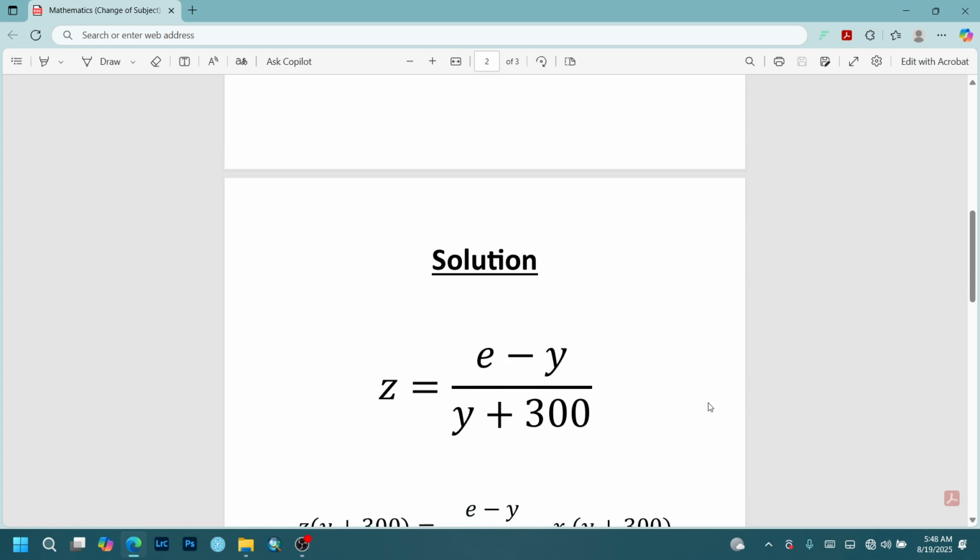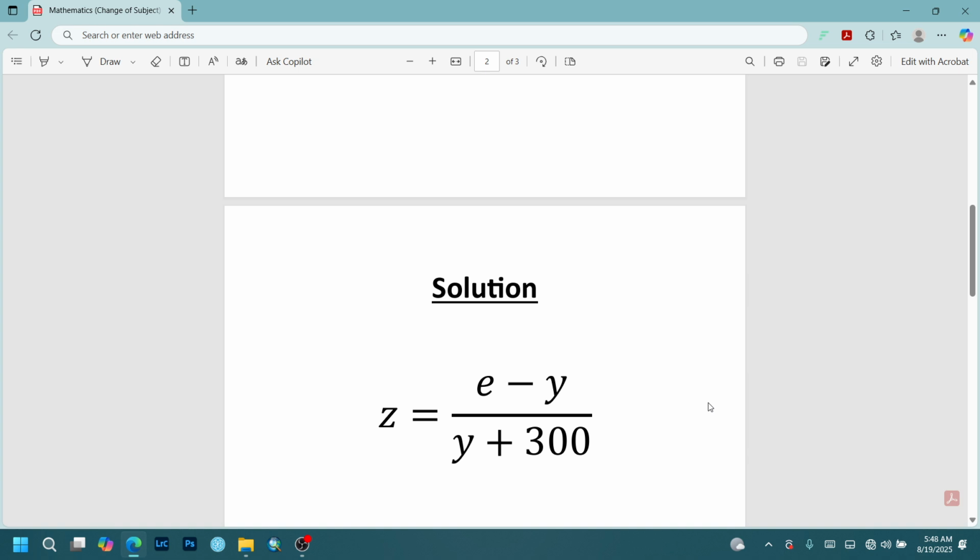Here, what we have to do first is to multiply through by the LCM, which is y plus 300. This z has an invisible 1 here, because every number is divisible by 1.